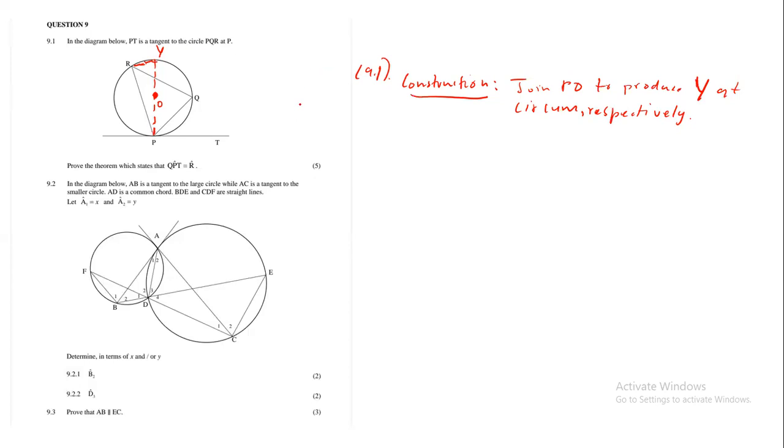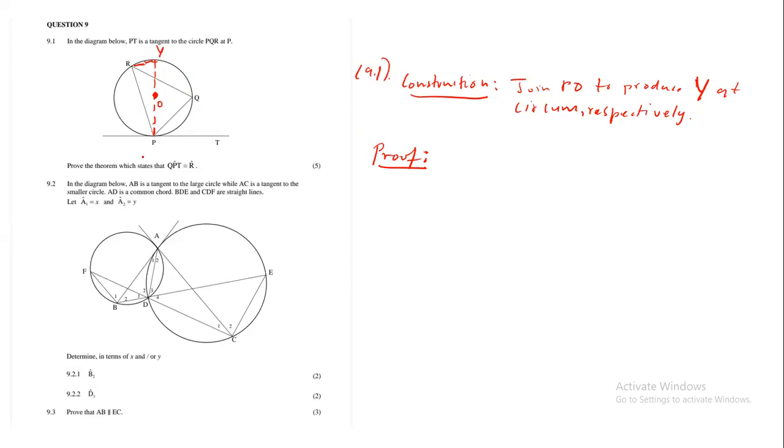Now check. After doing so, we're going to come to the proof. We are going to prove now. How are we going to prove this? It's up to you, we can start anyhow.